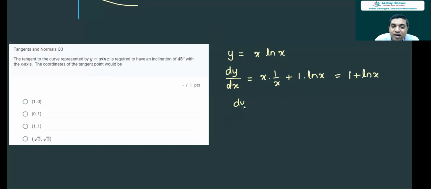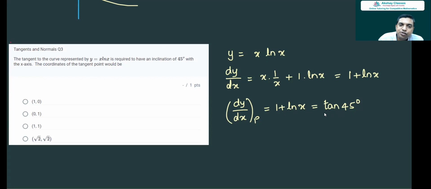Now dy by dx at some point p has a value of tan 45 degrees, because the tangent should have an inclination of 45 degrees. That is the given question. So that means 1 plus log x is equal to 1, which implies log x is equal to 0, and log x becomes 0 when x is equal to 1.